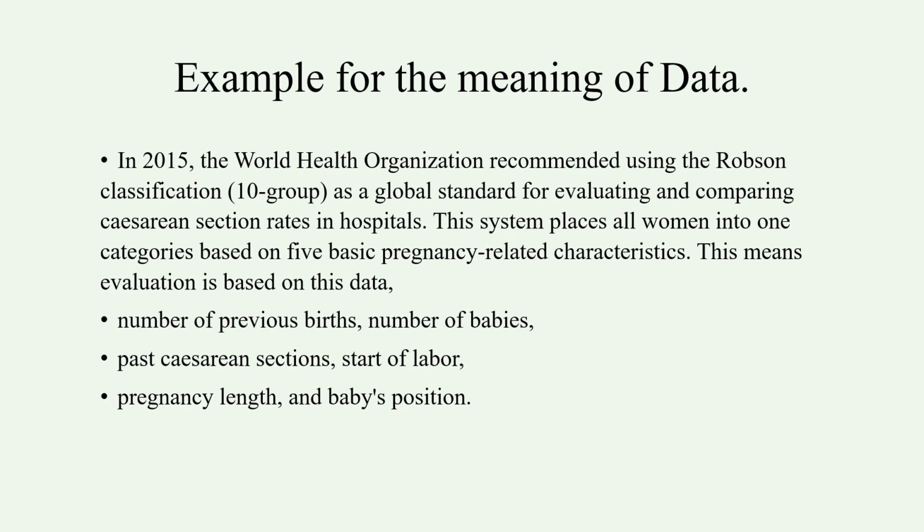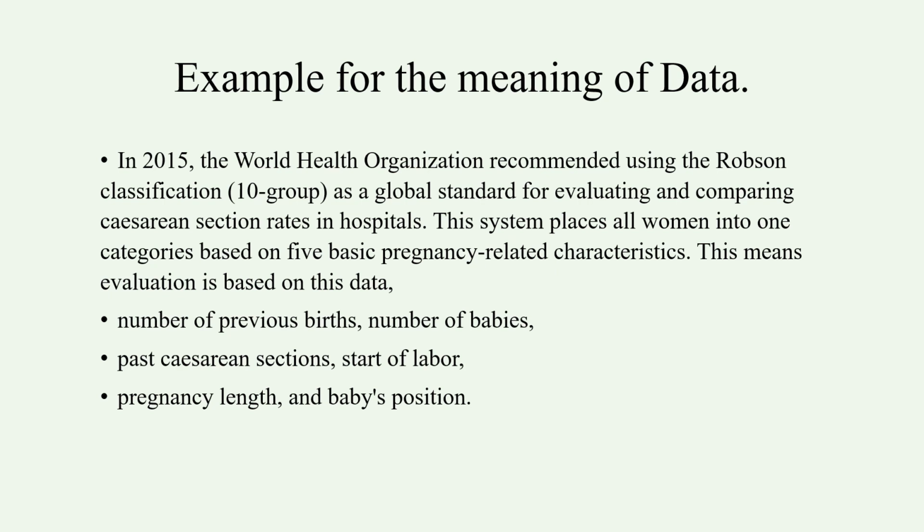In 2015, the World Health Organization recommended using the Robson classification as a global standard for evaluating and comparing cesarean section rates in hospitals. This system places all women into one category based on 5 basic pregnancy-related characteristics.